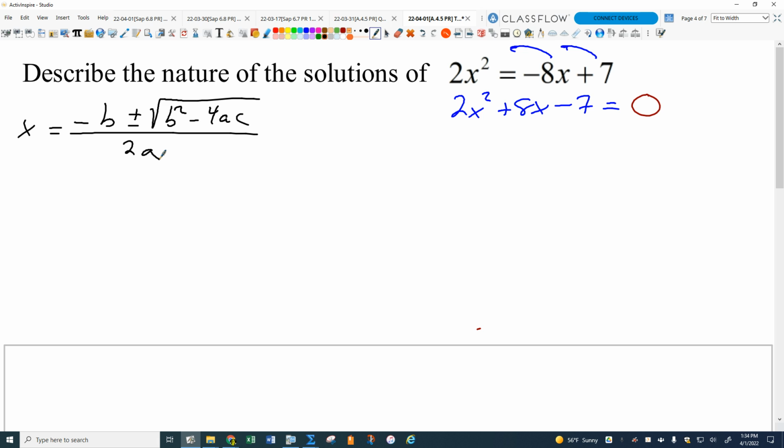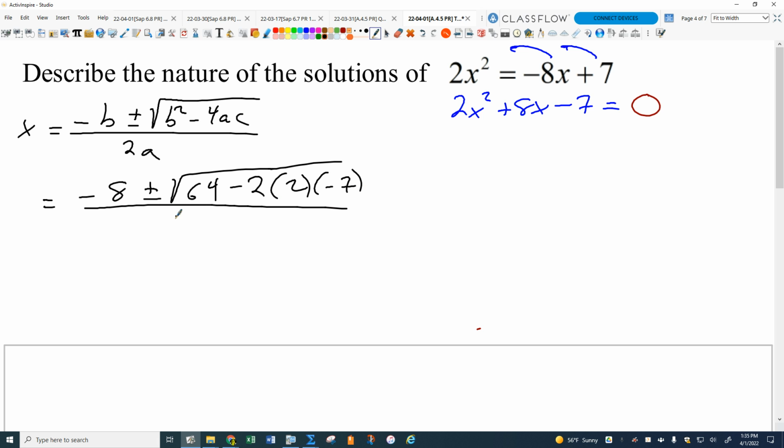So if we plug in our values, and we agreed they're 2, 8, and negative 7, we're going to get negative 8 plus or minus the square root of 8 squared, that's just 64, right? Minus 2 times 2 times negative 7, all divided by 2 times 2, which is 4.